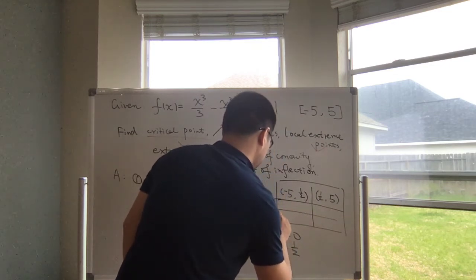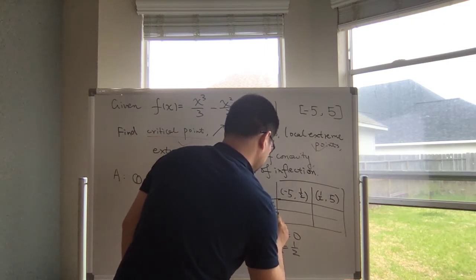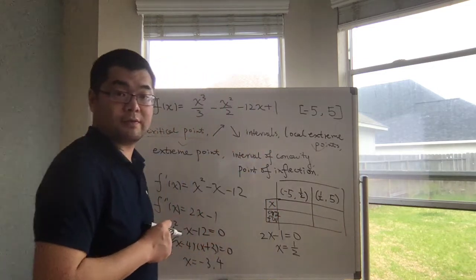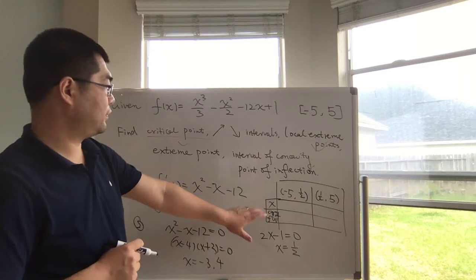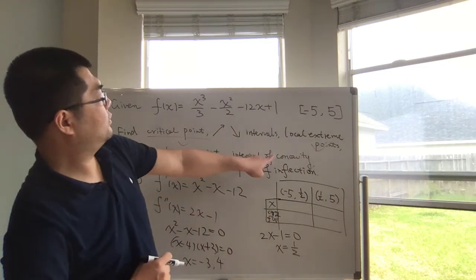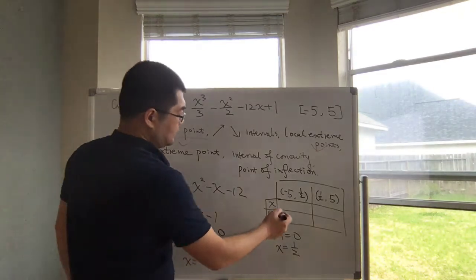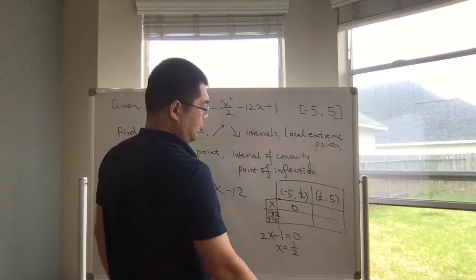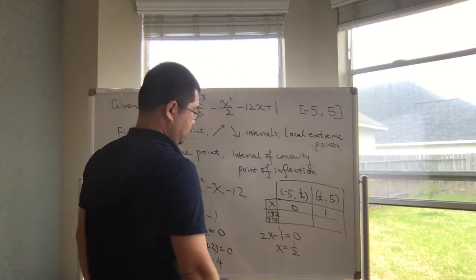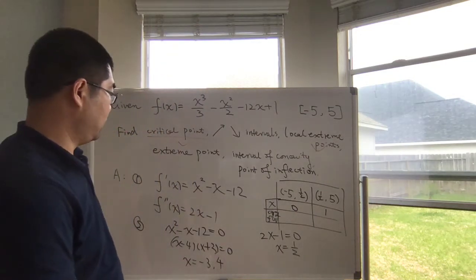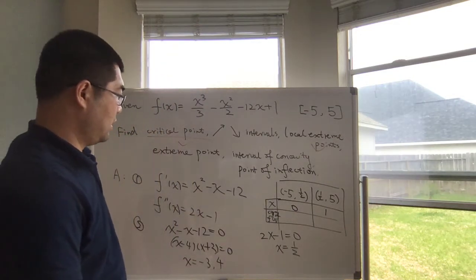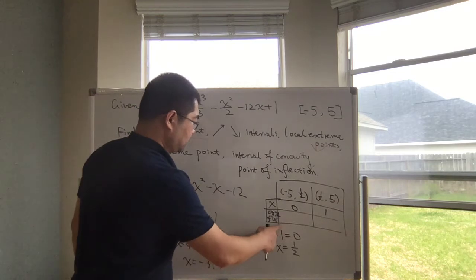Sign of the second derivative. Okay, because we're trying to figure out the interval of concavity and the point of inflection. So we can take a 0 here, we can take a 1 here, and then we start doing the evaluation.